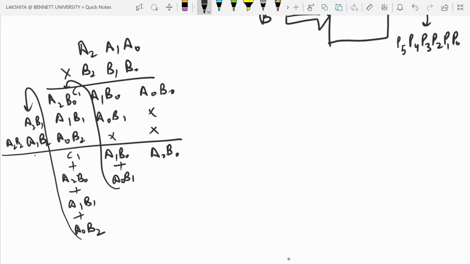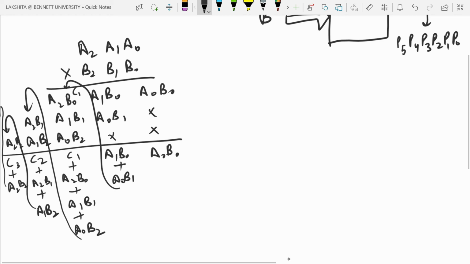Here we have C2 plus A2 B1 plus A1 B2. Here we have C3 plus A2 B2 and the carry will go to the next column, that is C4.